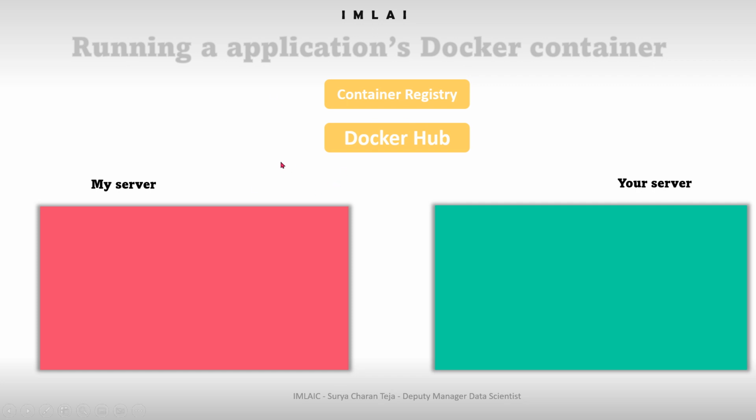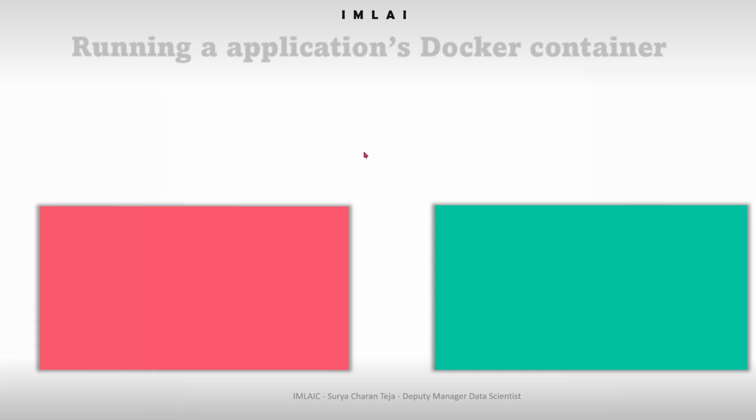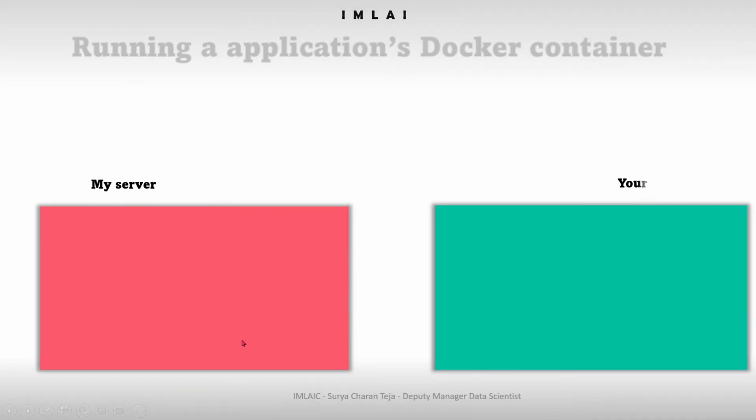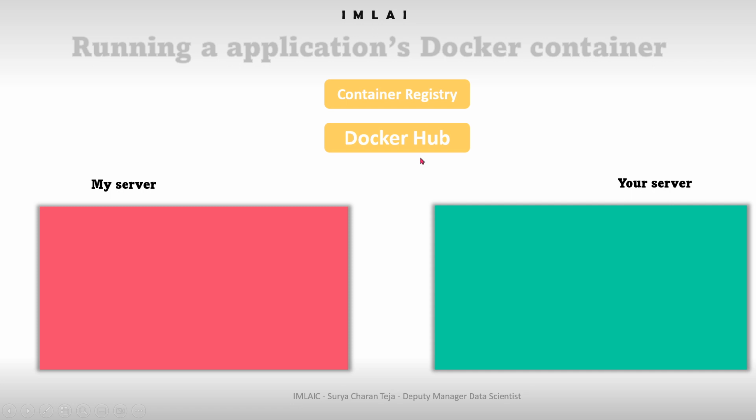I have pushed this application's Docker image into the Docker Hub repository. Now once the image is ready, the image consists of the source code, the service, the exposed ports, everything.